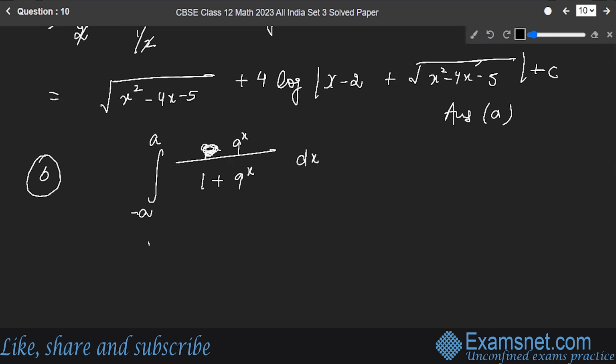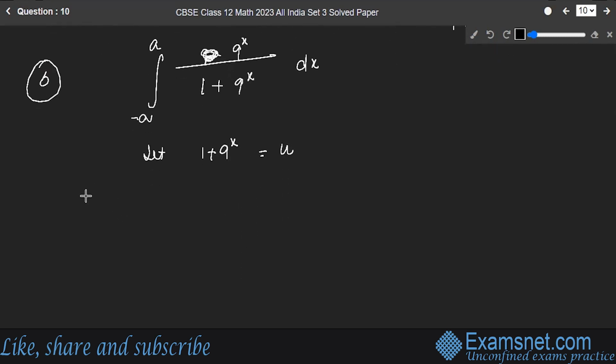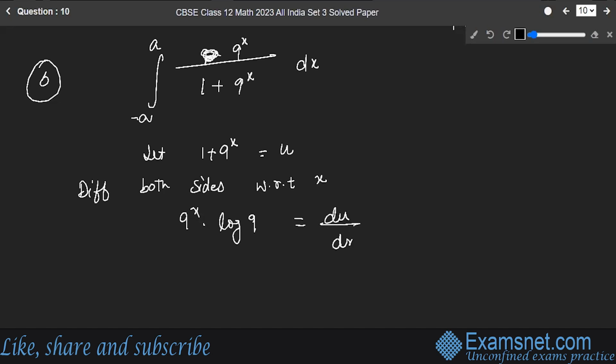Okay, so let's say 1 plus 9 raised to power x is equal to u. On differentiating both sides with respect to x, you have 9 raised to x into log of 9 is equal to du by dx. So this is 9 raised to power x into dx is equal to du upon log of 9.